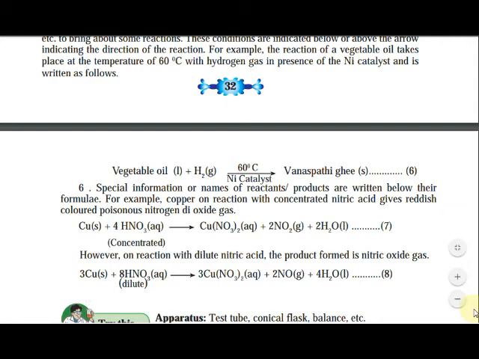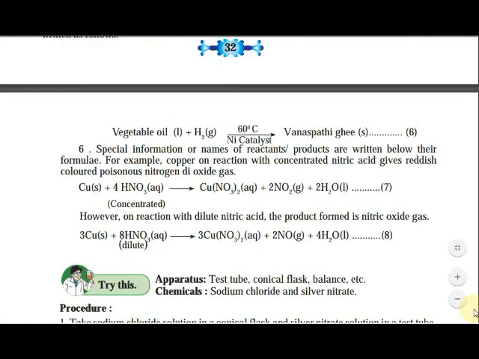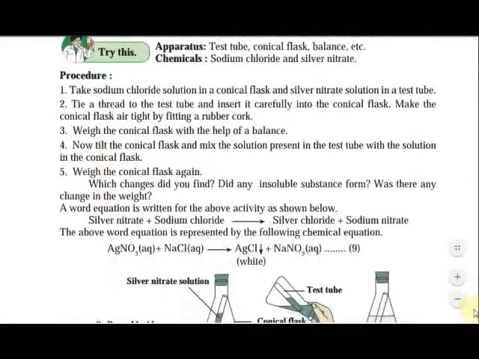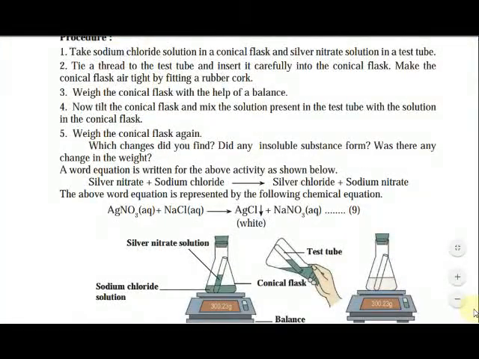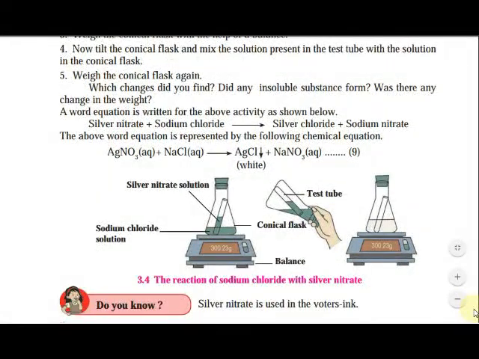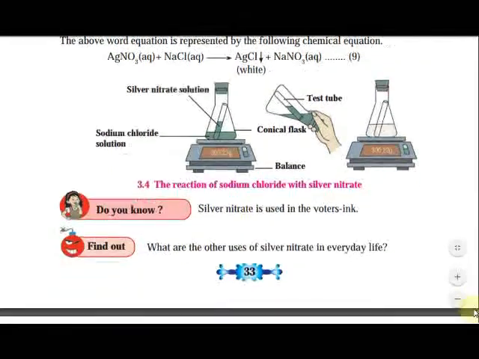So this we have seen up to 6 points. We have seen now how to write a chemical reaction. Now we are going to see the next activity, the reaction of sodium chloride with silver nitrate, tomorrow.